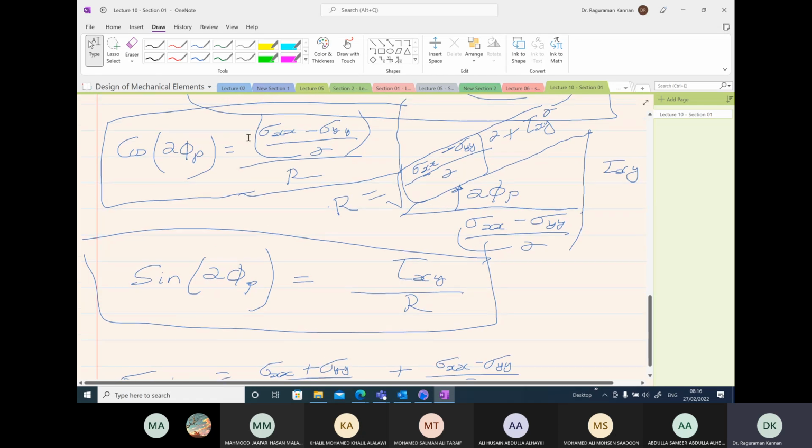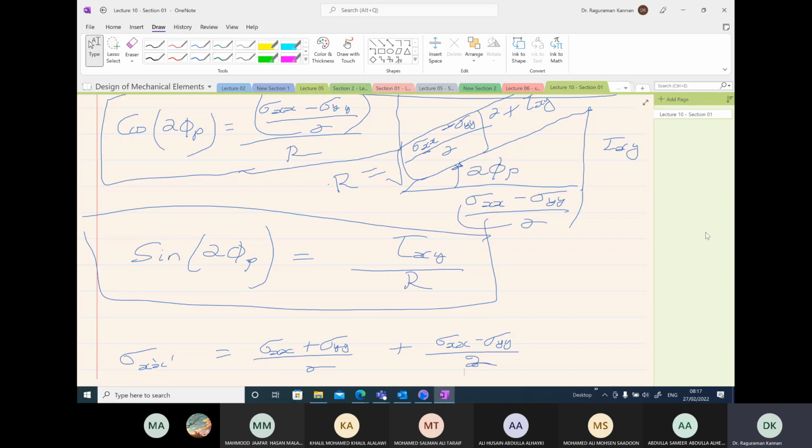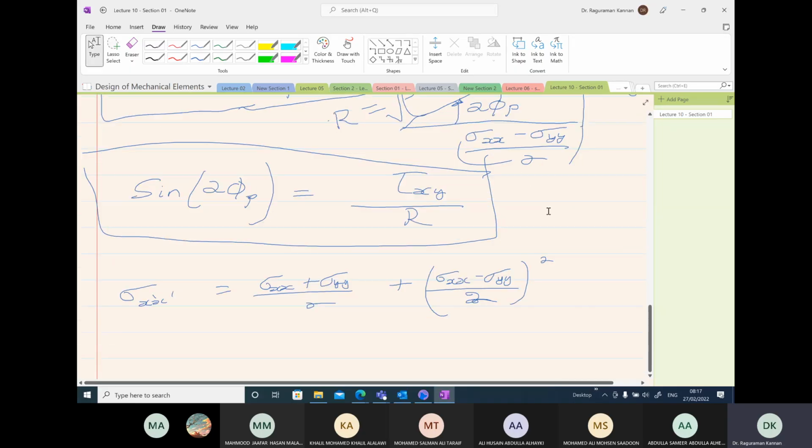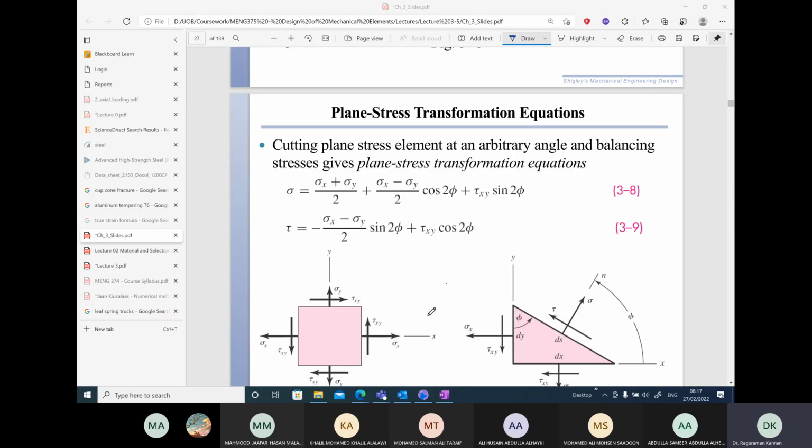So let's see here. Cosine of the angle consists in the numerator of this part. So if you do that, actually, you are going to get the square of this term divided by r. The r term, we are going to just keep it as r for simplicity.